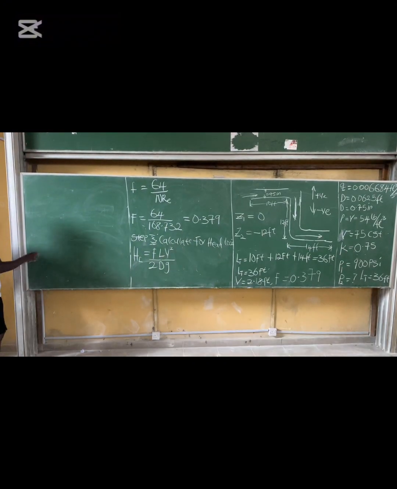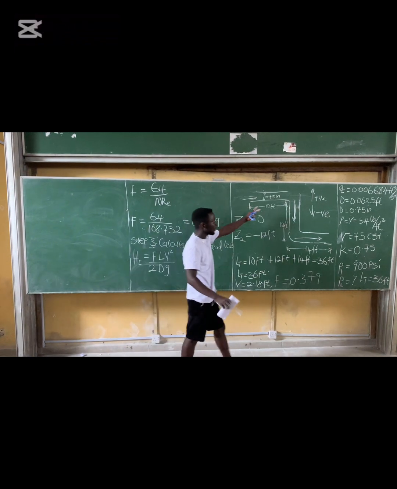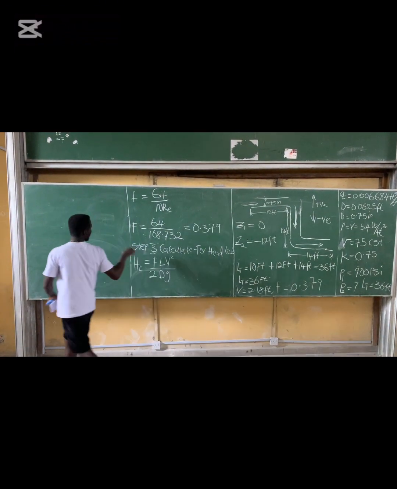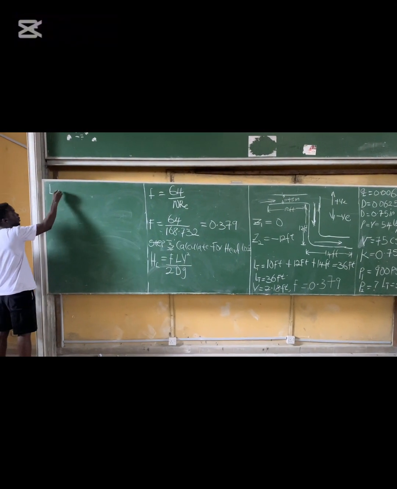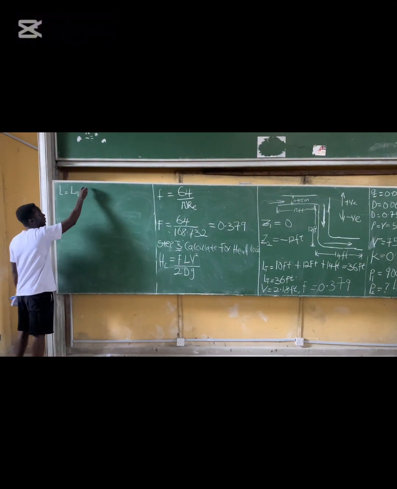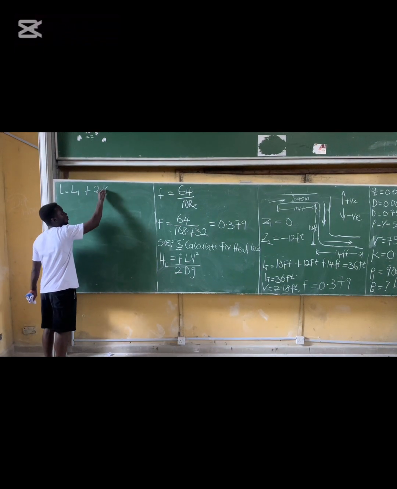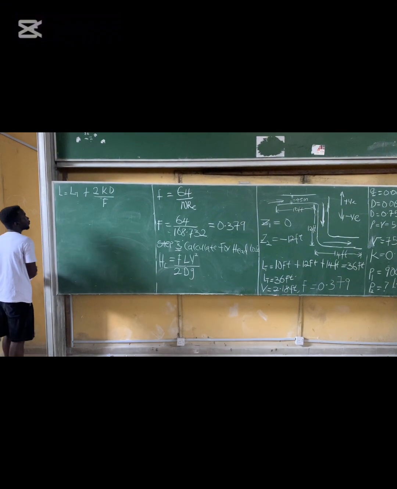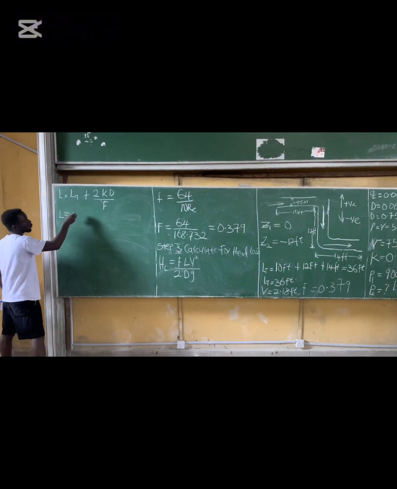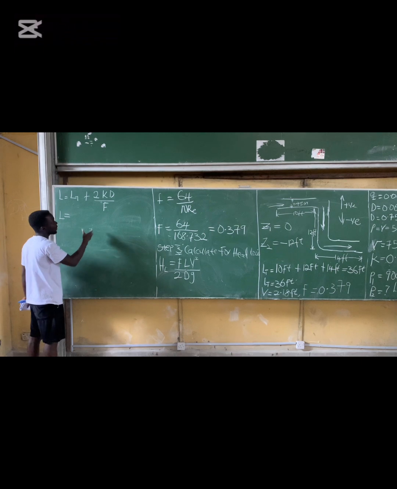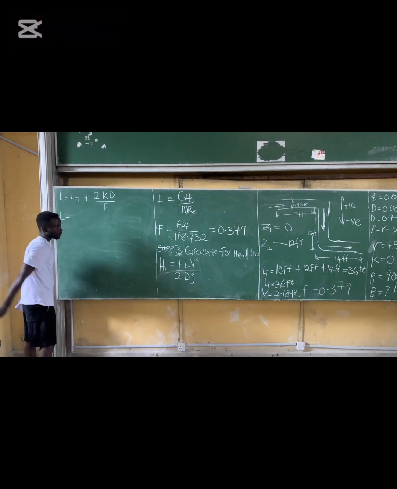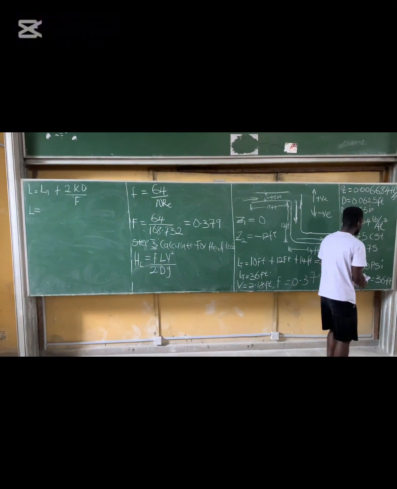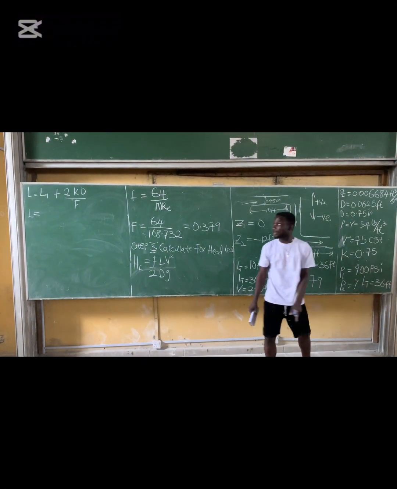Since our pipe is horizontal, vertical, and horizontal again, the length becomes the total length of the pipe plus 2KD divided by the friction factor. LT is the total length of the pipe, and this K here is the coefficient for the 90-degree bend, and it's given to us as 0.75.